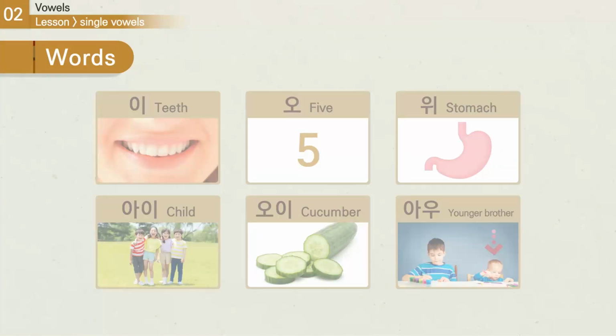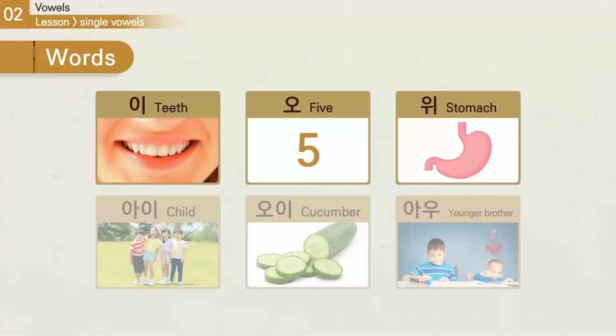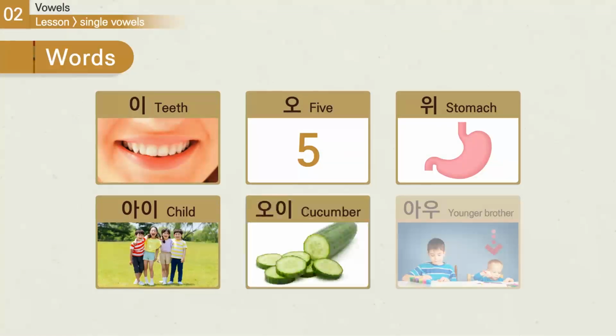As you read along, think about what they could mean and then repeat. 이, 이, 오, 오, 위, 위, 아이, 아이, 오이, 오이, 아우, 아우. You can look up the definitions of these words and try to learn them.